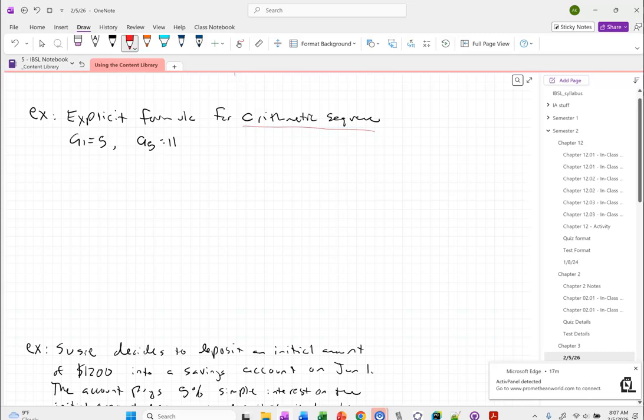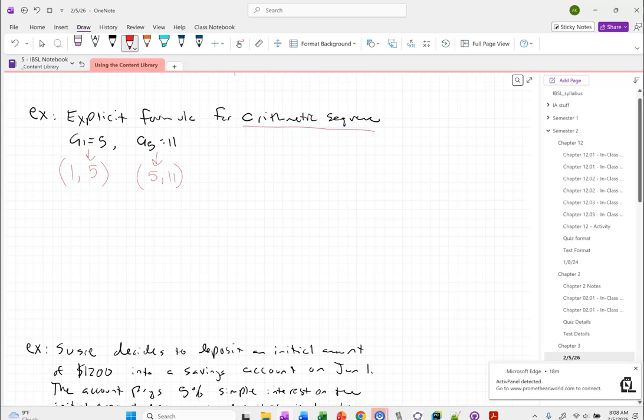I'll tell you the easiest way to deal with this. I'm going to think about each one of these as a point. Everybody's okay with that? And remember, an arithmetic sequence is just like a linear function. So all I'm trying to do is write the equation for a line that passes through these 2 points and communicate that in the language of a sequence.